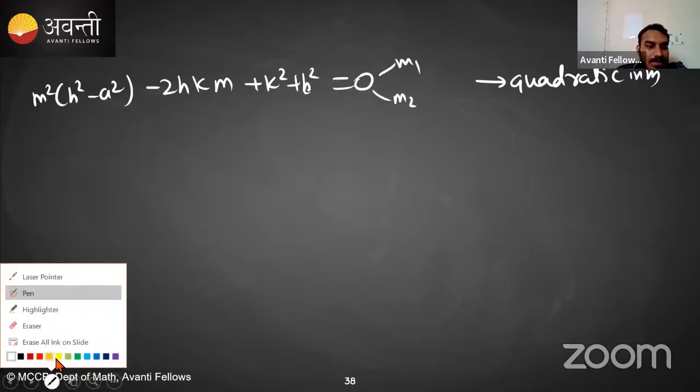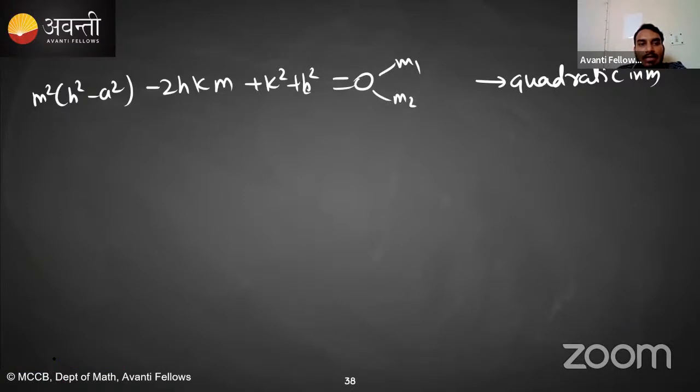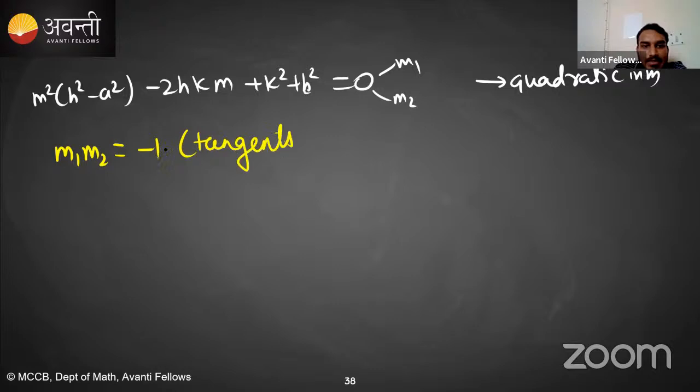But the tangents are perpendicular to each other. Yes or no? Tangents are perpendicular to each other. So it means the product of slopes should be minus 1. Clear? Is this clear?